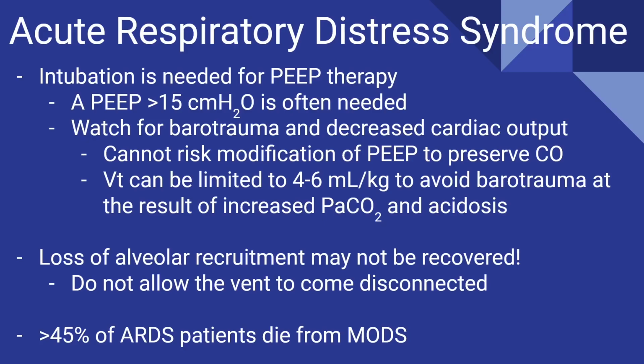But because this issue is so significantly refractory to oxygen, and we need oxygen, we need to make sure that we are maintaining that PEEP despite a potentially low cardiac output. So we might have to modulate output with a pressor or fluids, so that way we can maintain our PEEP.